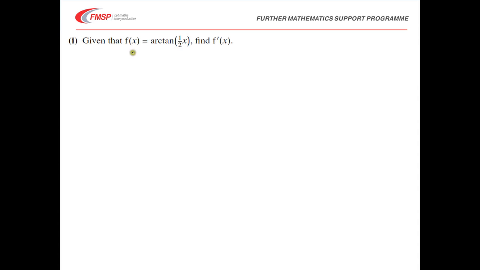So there's f of x, and look in the formula book and use the chain rule. We get that f dashed of x is equal to a half times 1 over 1 plus a half x all squared. So that's 1 over 2 times 1 plus x squared over 4.